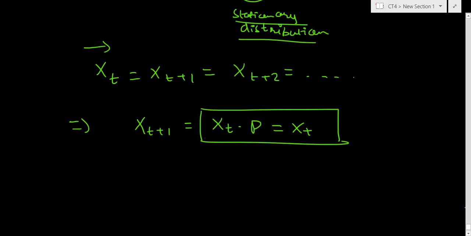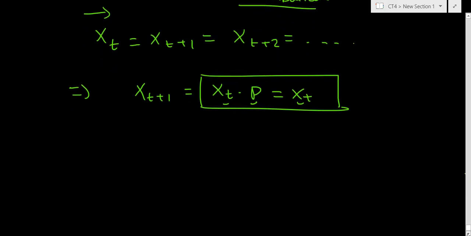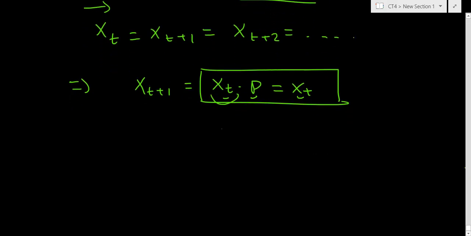So the distribution at time t, if I multiply it with the Markov chain's transition matrix, it would return the same distribution. This distribution xt is usually referred to by the letter pi. So effectively pi p equals pi. Here pi is referred to as the stationary distribution of the Markov chain.